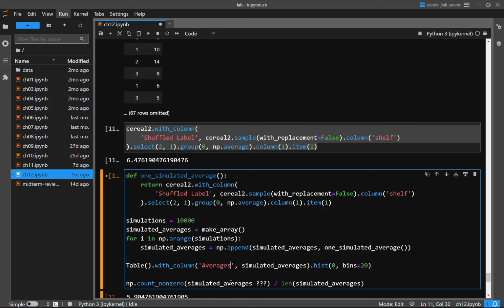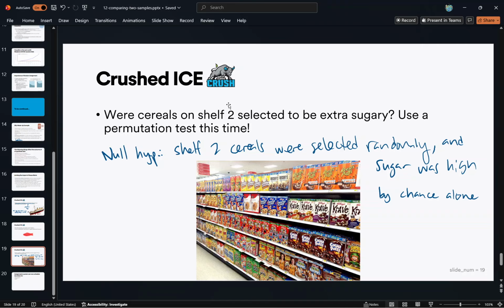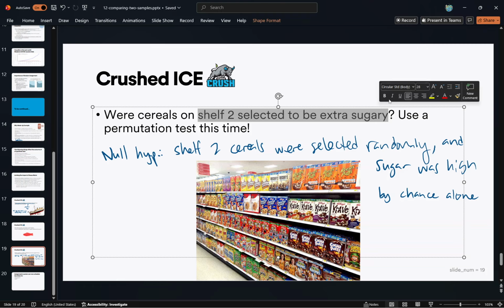That seems right. And so, to calculate a p-value, we want to know how often do these averages give us something as extreme as the original shelf 2, this 9.61. How often was it equal to that, or any more extreme, right? Because our alternative was that shelf 2 was more sugary.